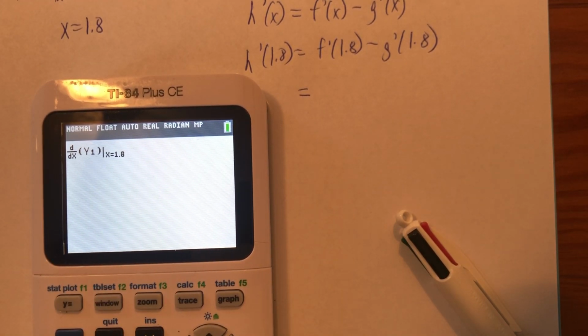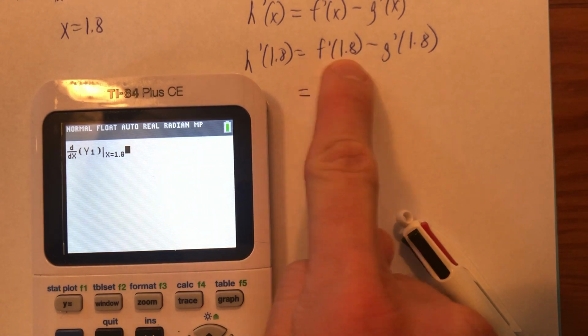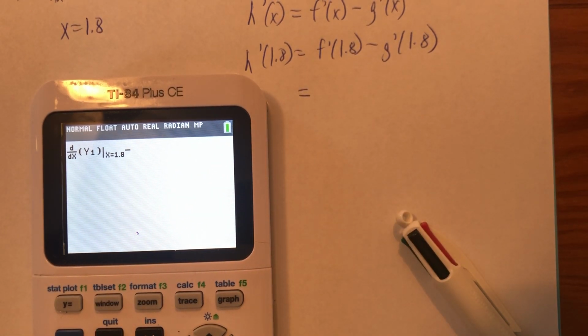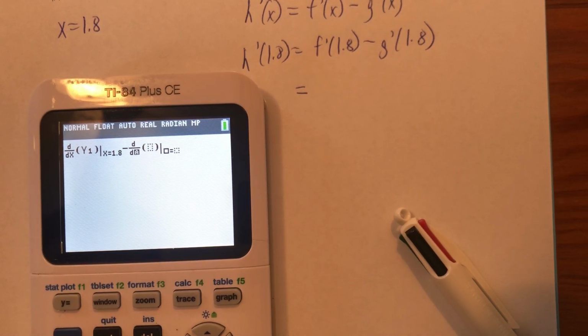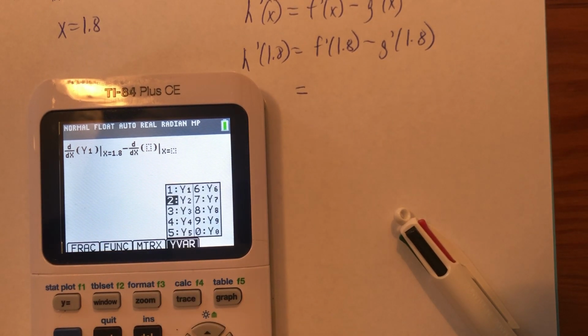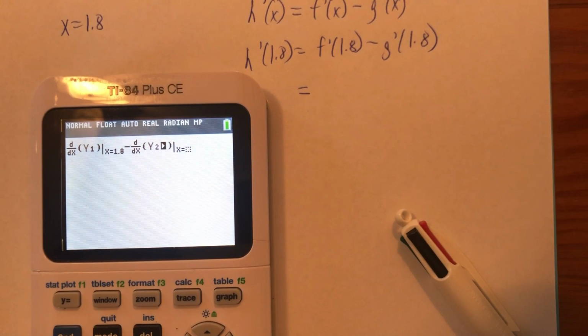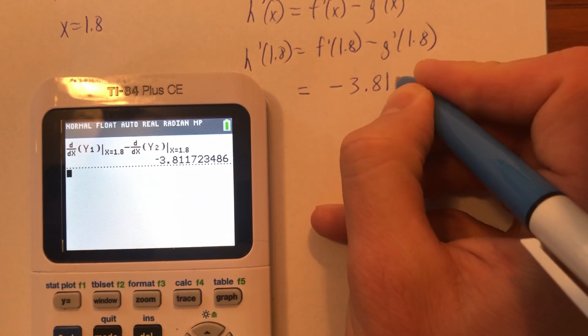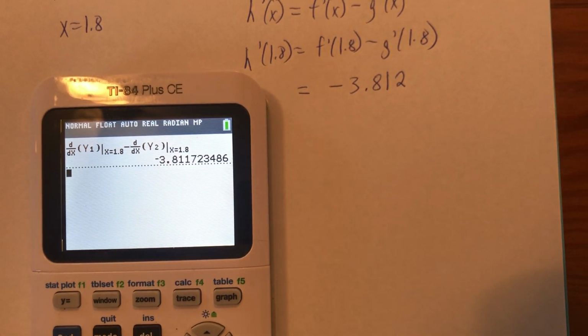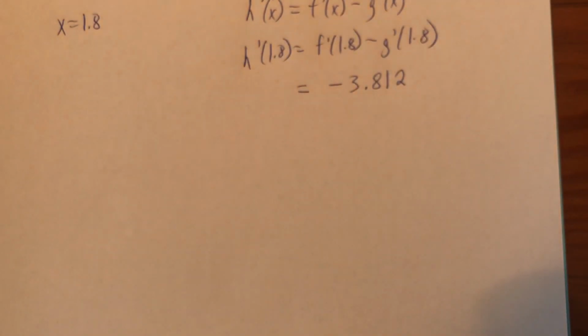Well, 1.8. There we go. That's going to give me this little piece. Minus, math 8 again, the derivative with respect to x of my g function at 1.8. Negative 3.812. There we go.